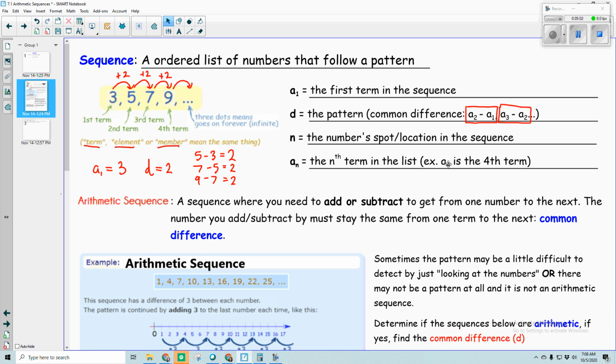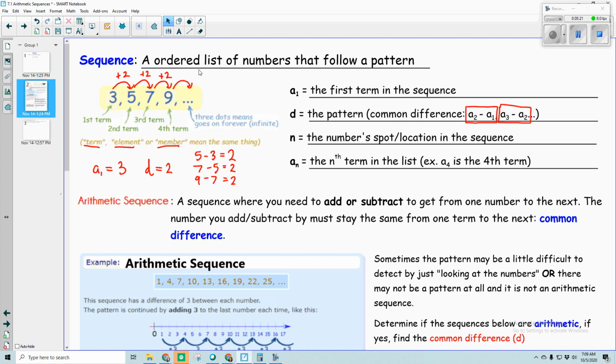For example, here we plugged in 4 for n, so a sub 4 represents the fourth term in the list. a sub n is just the nth term, where you plug in some number for n, whatever spot that is in the list.